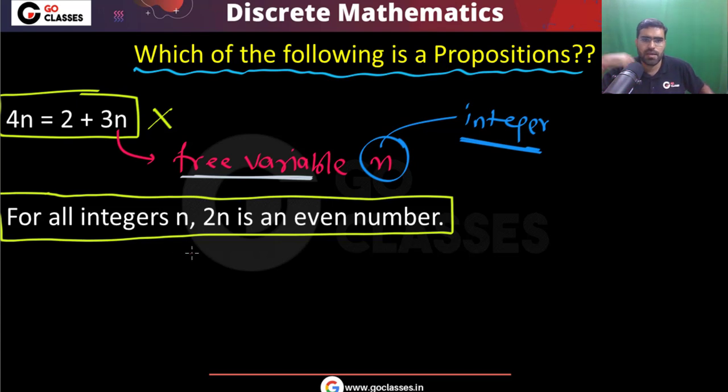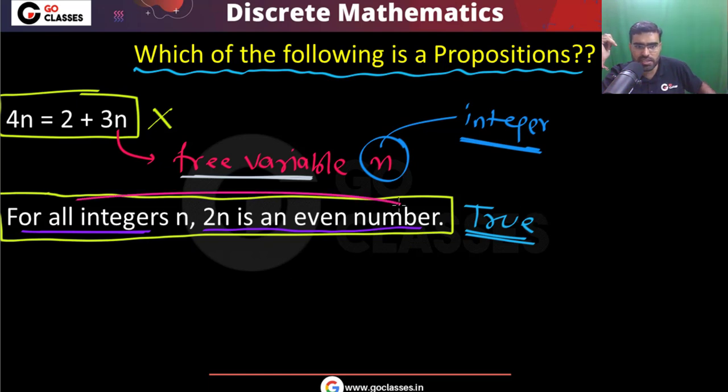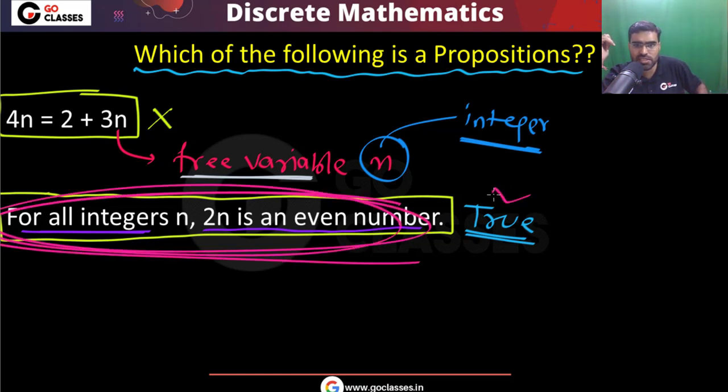Yes, this statement is true. We know that for every integer, whatever integer you take, 2n is an even number. So this is true.